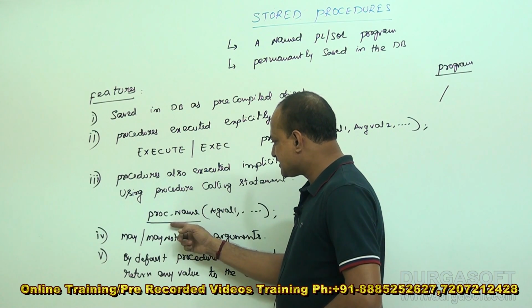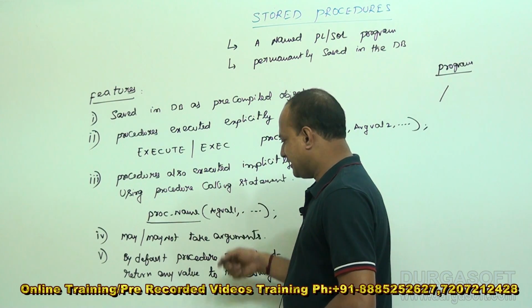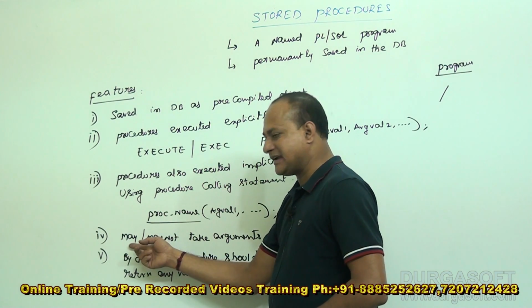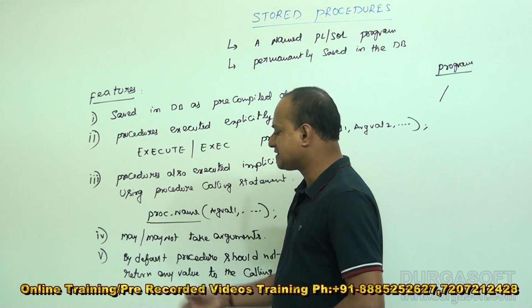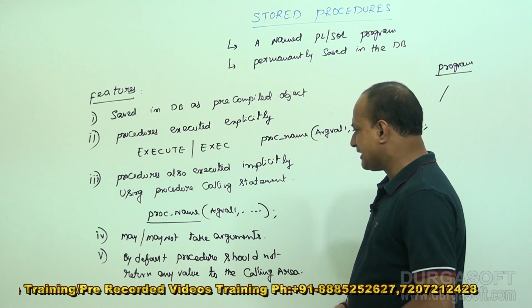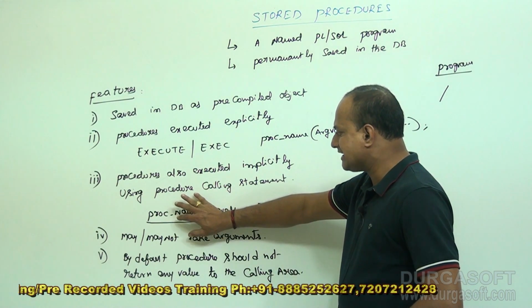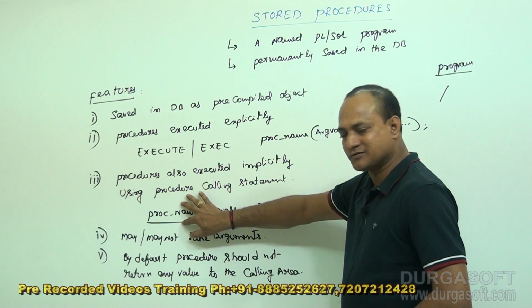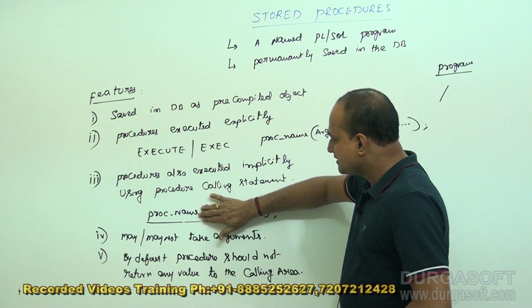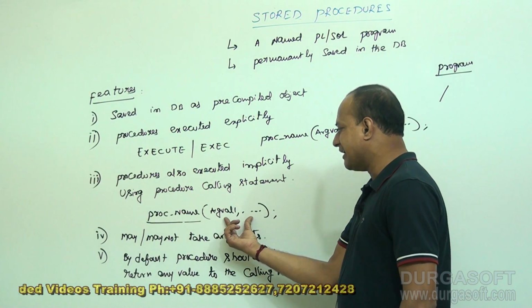It looks like this: procedure name and the argument values. Procedures may take arguments, may not take arguments. Suppose this procedure is not taking any runtime input values, just after the procedure name specify a semicolon, don't pass any values.